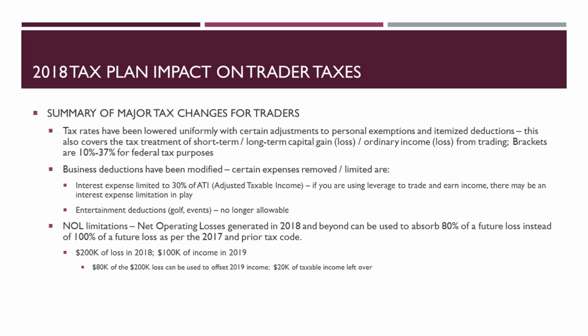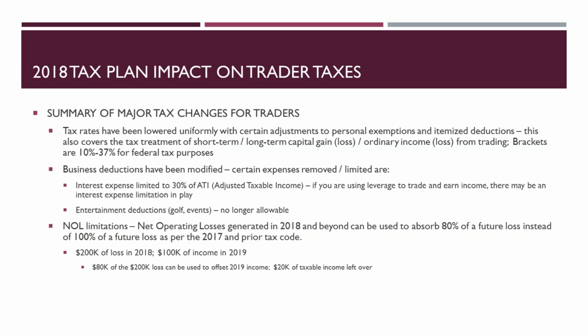So if you generated a loss in 2017 of $100,000 and you carried forward that loss, which you were allowed to do, and then in 2018 you generate a profit of $100,000, under the old tax regime, you're paying $0 of tax because you've used the $100,000 loss from '17 to offset the $100,000 gain from '18.